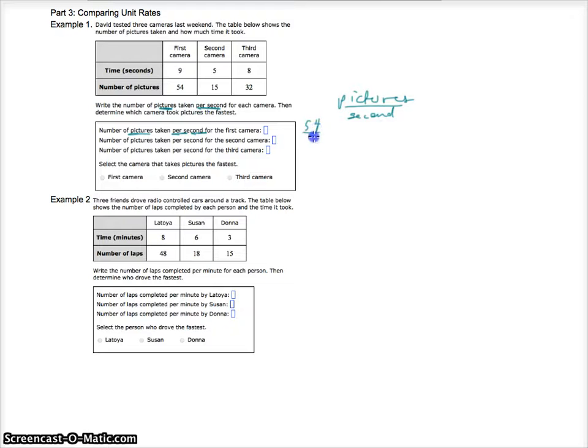So 54/9 was our first camera. That reduces to 6/1, which is just 6 pictures per second. So this is our first answer. So first we need to write our ratio.